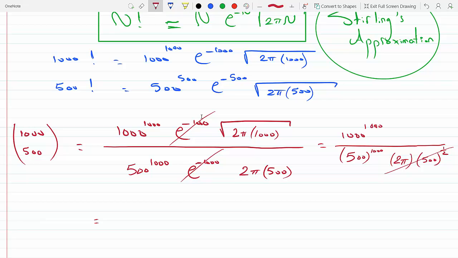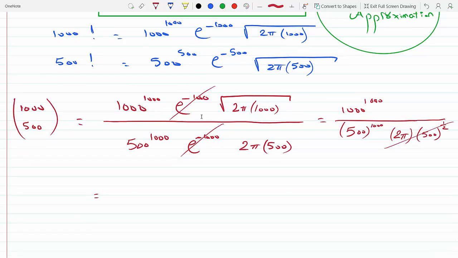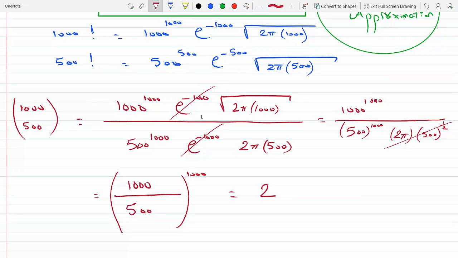Okay, so this could be ignored, and then we get 1000 raised to the 1000 over 500 raised to the 1000. So both of these raised to the 1000, and this is the same thing as 2 raised to the 1000. Okay, fair enough.